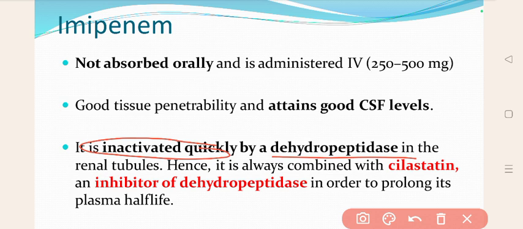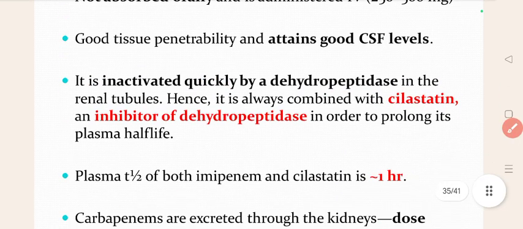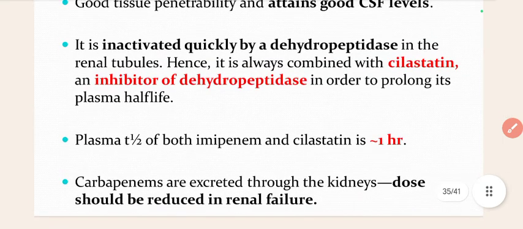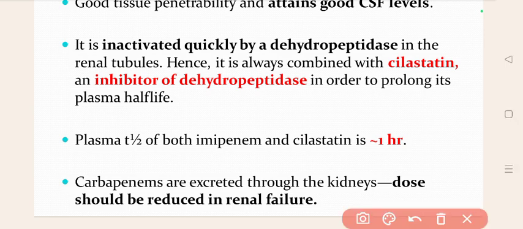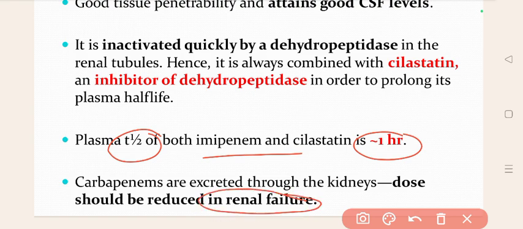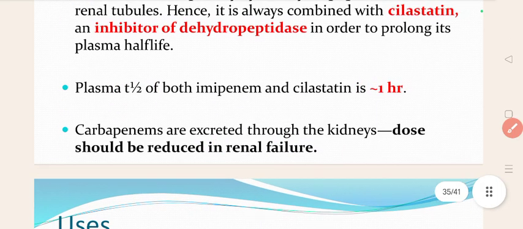The plasma half-life of both imipenem and cilastatin is nearly 1 hour, and that's why we can combine them. Carbapenems are excreted by the kidney, and the dose should be reduced in renal failure patients.